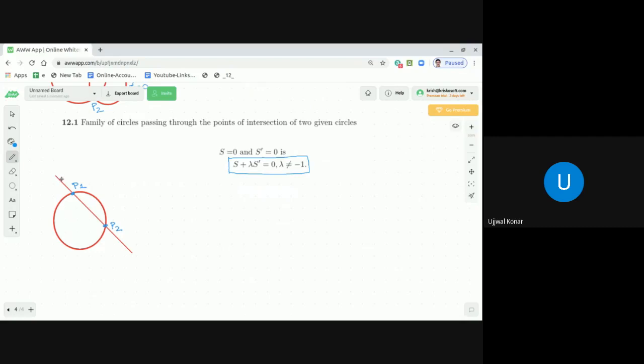And what will be the equation of those circles? It is S plus lambda L equal to 0. This straight line is defined as L equal to 0 and this circle is denoted by S equal to 0.